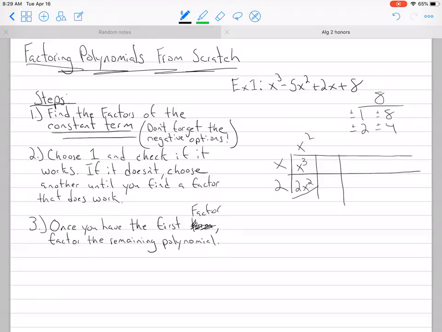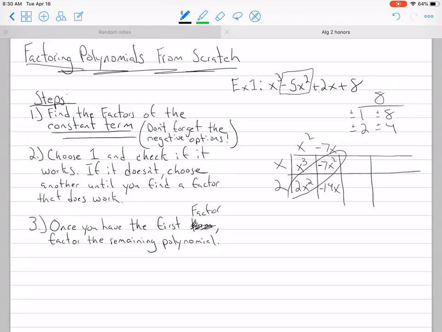And now I know right here I need a negative 5x squared, so I would ultimately need this to be a negative 7x squared. And so I would need this to be a negative 7x. Then negative 7x times 2 gives me a negative 14x. I'm looking pretty good.